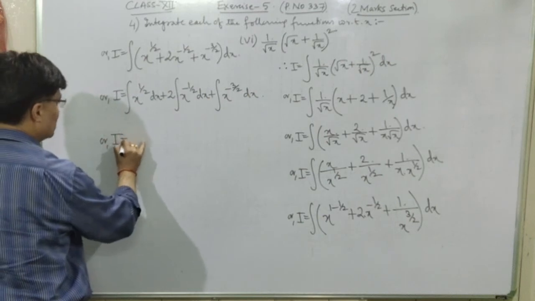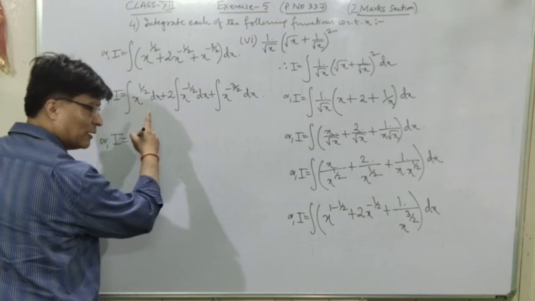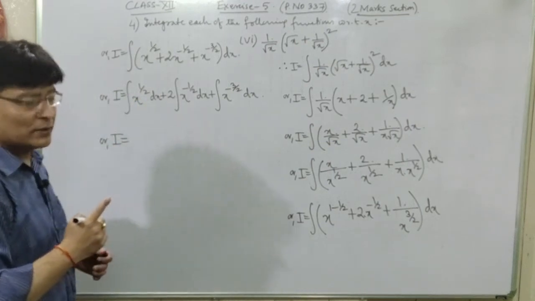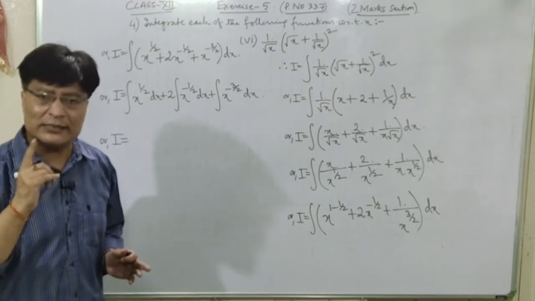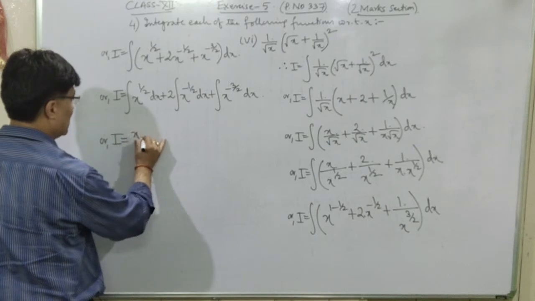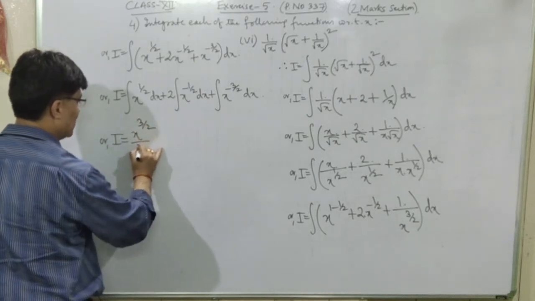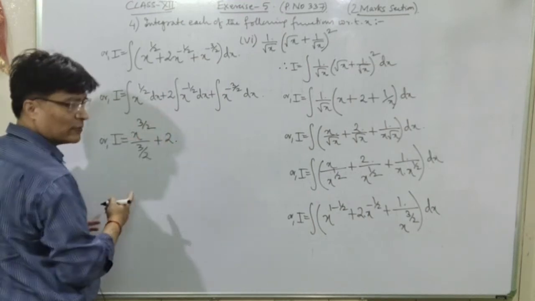Or I is equal to, now what is integration of x to the power half? You know that it is x to the power n plus 1 divided by n plus 1. This is just like your x to the power n. So what is integration of x to the power n? It is x to the power n plus 1 divided by n plus 1. So this is x to the power 3 by 2 divided by 3 by 2, plus 2 into, what is integration of x to the power minus half?